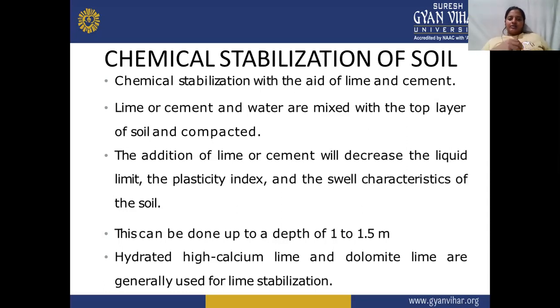The addition of lime or cement will decrease the liquid limit, the plasticity index, and the swell characteristics of the soil. This can be done up to a depth of 1 to 1.5 meters. Hydrated high calcium lime and dolomite lime are generally used for lime stabilization.